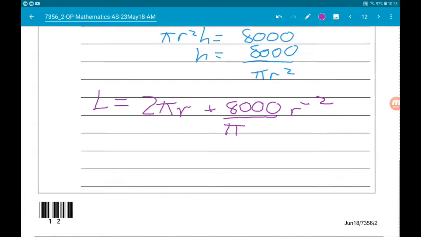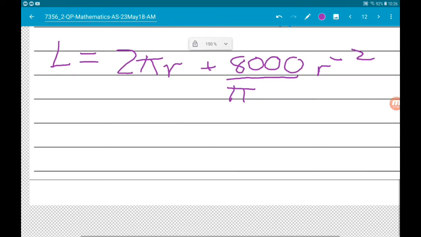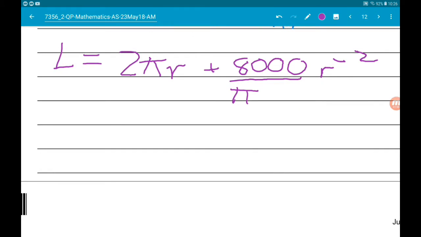So, at this point, we now have an expression for the total length of the weld in terms of just one variable. So, what we can do now is, first of all, differentiate this to work out the value of r. That would give us a stationary point. So, dL by dr is going to be 2 pi.